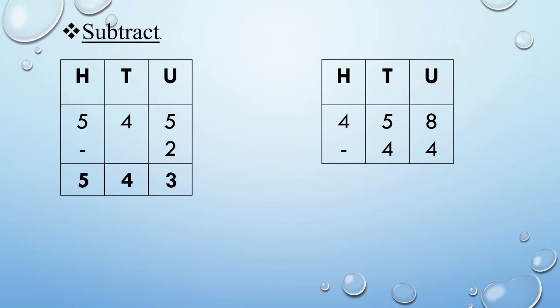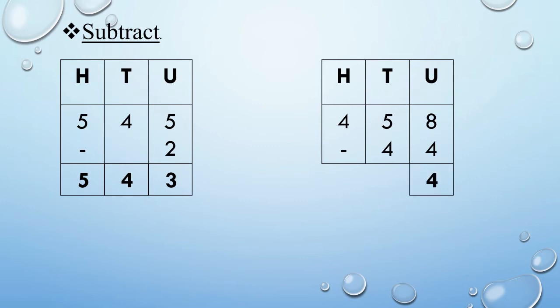Now let us move to the next sum here, students. 458 minus 44 means 4 hundreds, 5 tens and 8 units minus 44. 8 minus 4 is very good, 4, means 4 units.